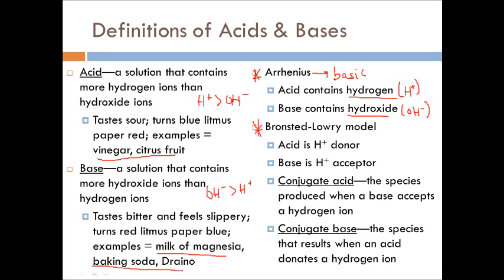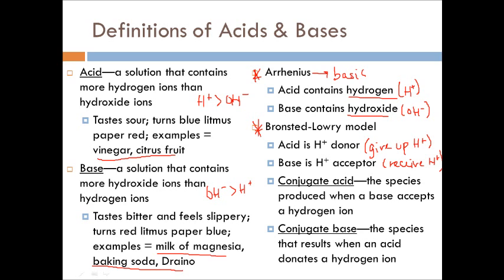Again, real basic, very simple, easy to distinguish, but very limited. Bronsted-Lowry expanded this definition and said that an acid will give up a hydrogen to become a hydrogen donor, and the base is going to accept it, so it will receive a hydrogen.